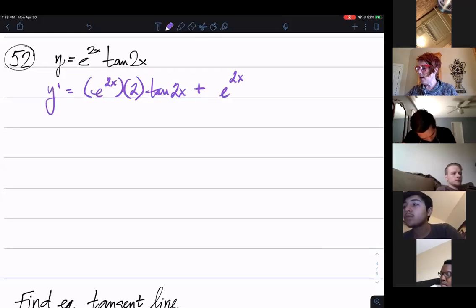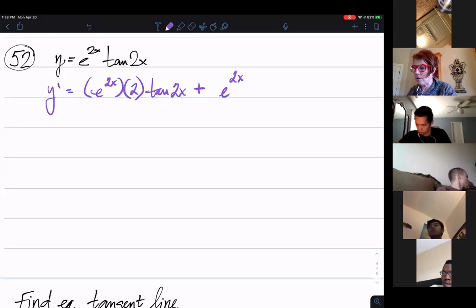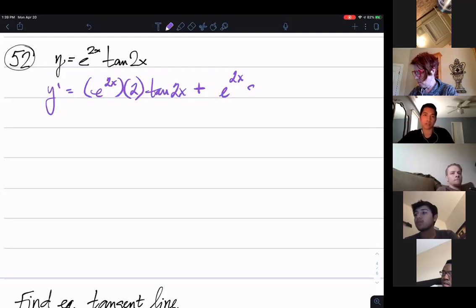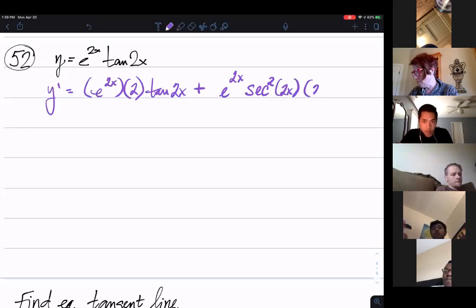What is the derivative of tangent? Secant squared. So secant squared of 2x times 2. Chain rule.